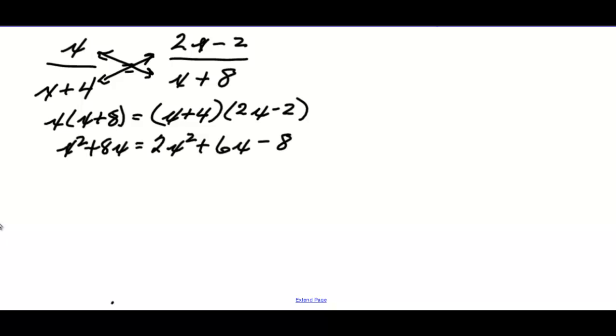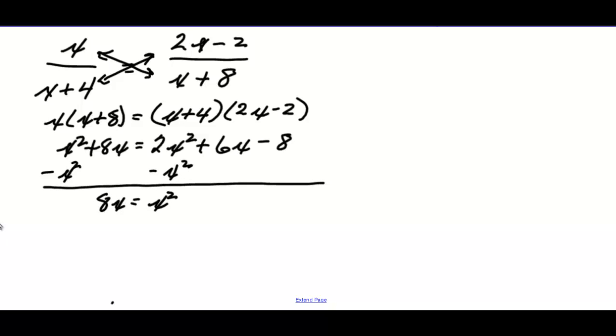All right. The larger value of x squared happens to be on the right side, so I'm going to subtract x squared from both sides. And what I get is 8x equals x squared plus 6x minus 8.